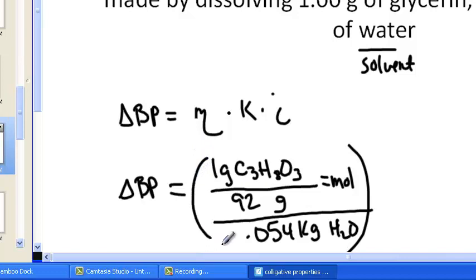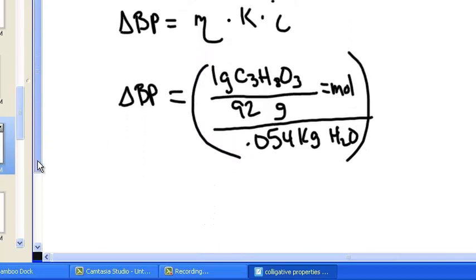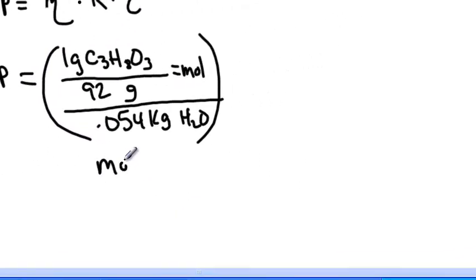Now, see what I've done? Getting a little bit shorter in the way I'm showing work. This is my definition of molality: moles of solute per kilogram of water. Grams over formula weight is my mole. Mole per kilogram is my molality.